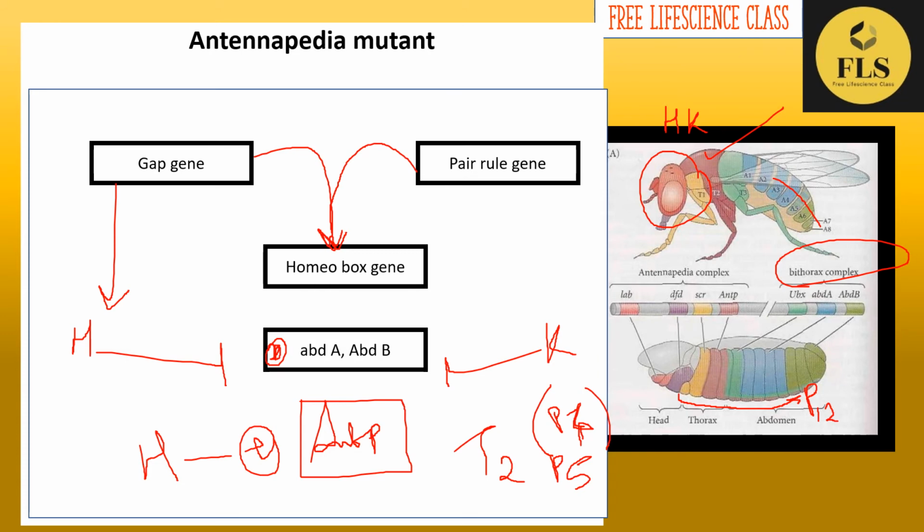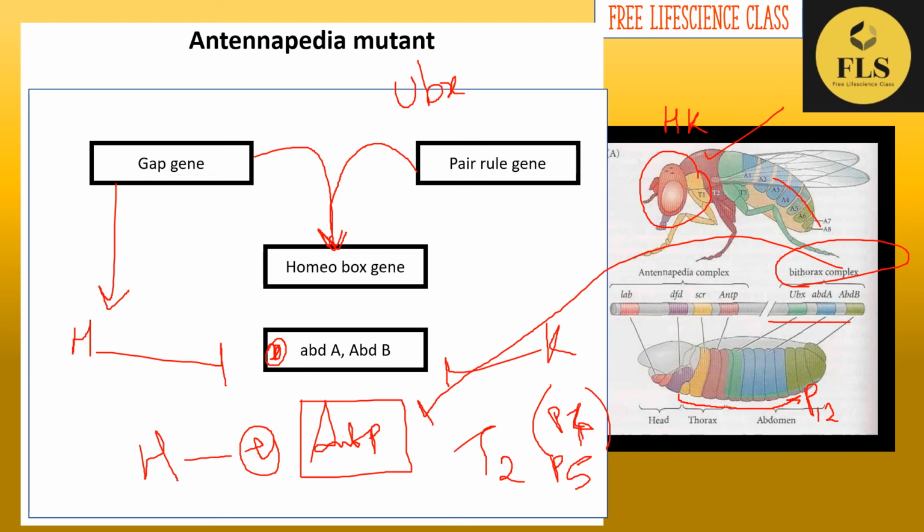So bithorax complex will repress the antennapedia gene. In case ultrabithorax is deleted, what happens? The antennapedia again expands in the region of ultrabithorax.